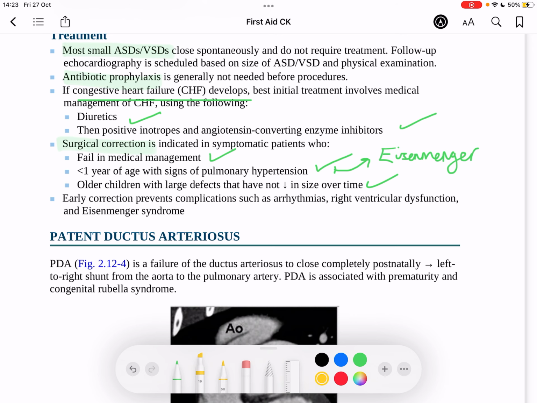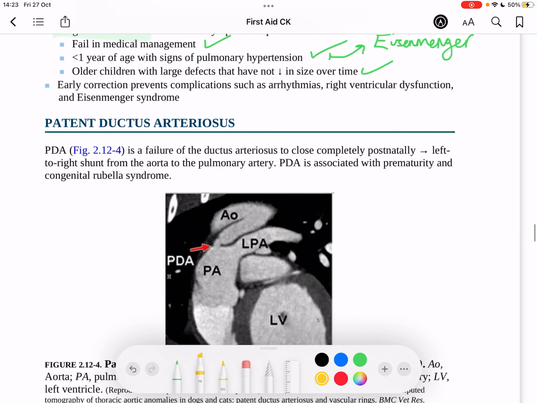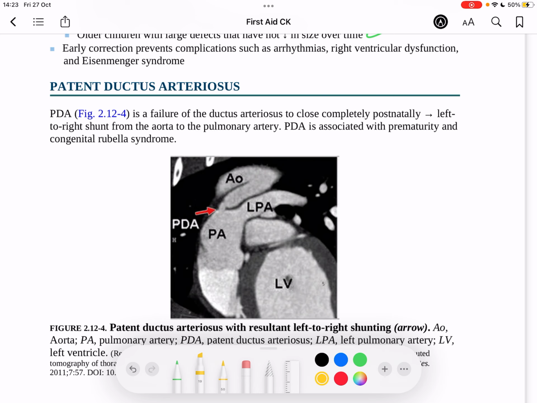So let's move now on to a patent ductus arteriosus. So patent ductus arteriosus is a failure of the ductus arteriosus to obliterate and close. Usually it becomes the ligamentum arteriosum, but in these patients it remains patent, it remains the ductus arteriosus.